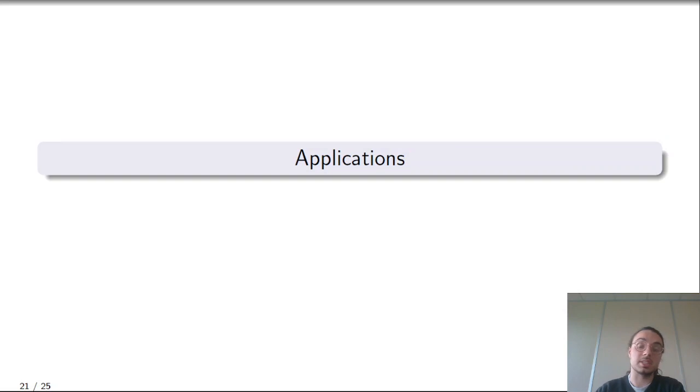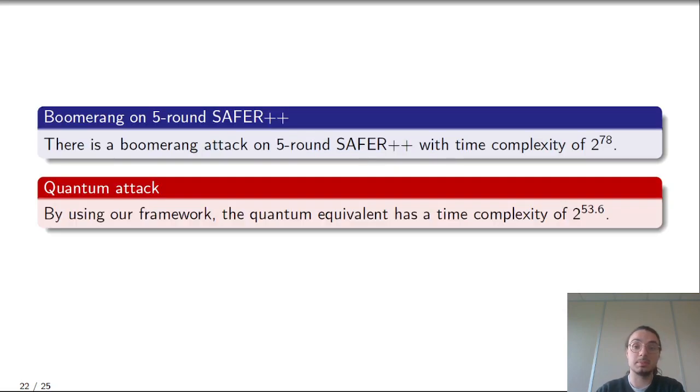So for applications, we made two applications, the first one being on the Fork Cipher++. There is a boomerang attack on Cipher++ with time complexity of 2 to the 78. And then with our framework, we made a quantum equivalent that has time complexity of 2 to the 53.6.